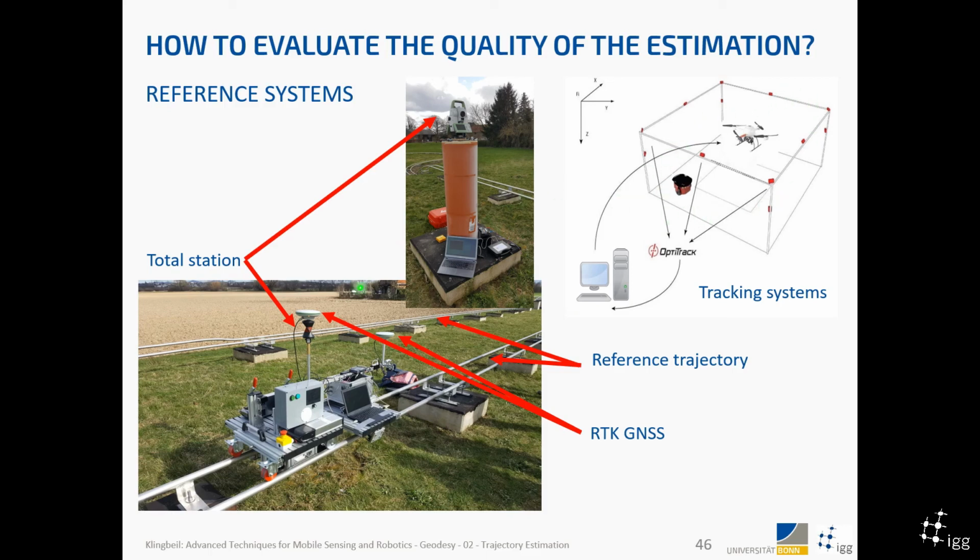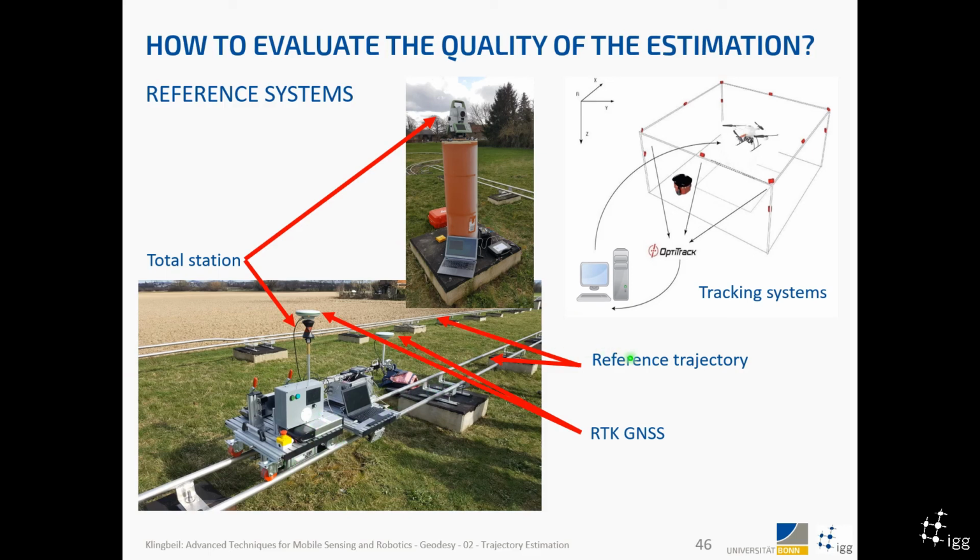In the outdoor area, this is an example of what we realized at our research campus in Klein-Altendorf. It is a trajectory, like a roller coaster trajectory, like a train, and we can let our system run on that track as a reference trajectory, and then compare it with our estimated trajectory.